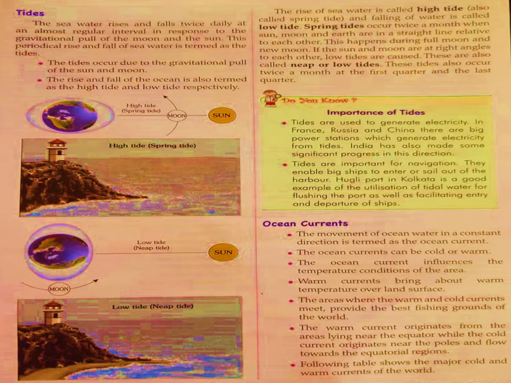Now the next topic is ocean currents. The movement of ocean water in a constant direction is called ocean current. It can be cold or warm. Ocean current also influences the temperature condition of the area.